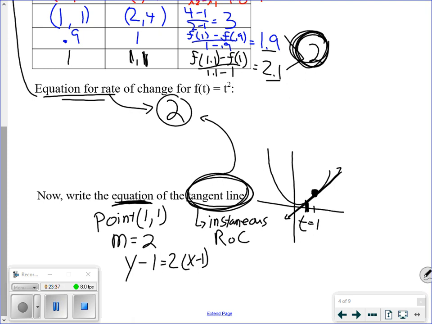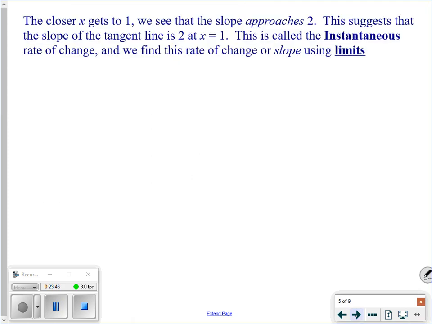Not too terrible, I don't think. We'll discuss this more in detail later in class. I'll kind of summarize it, but this is just to get the ball rolling here. And you can see, and we already discussed this, that the closer x gets to 1, the slope approaches 2. This suggests that the slope of the tangent line that we just discussed is 2 at x equals 1.